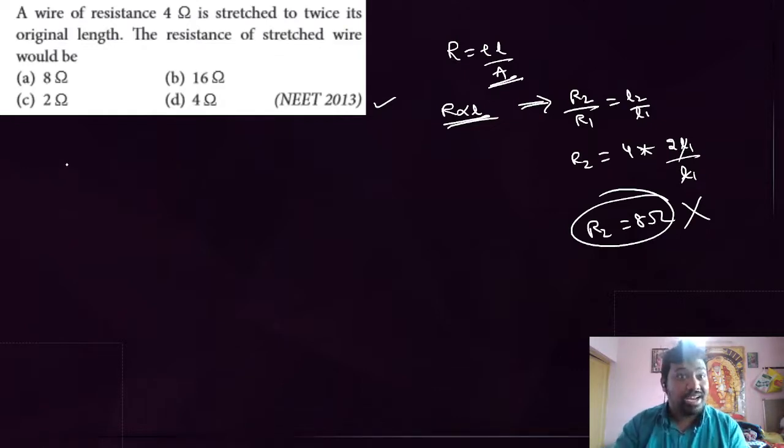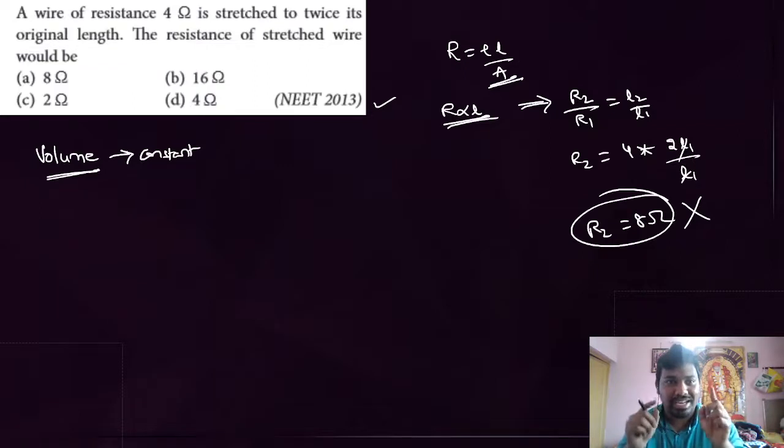Here, the main point to be noted is that volume will be constant. In such kinds of problems, the volume will be constant actually. He said length is doubled. That's it. There is no change in volume.